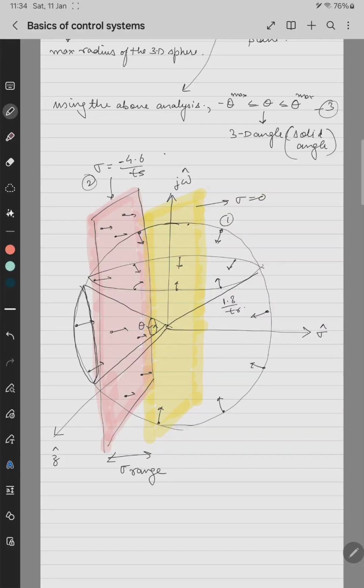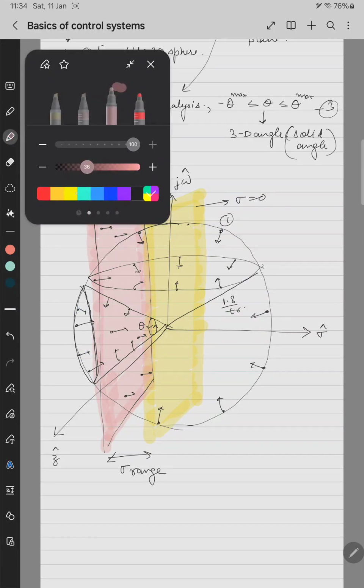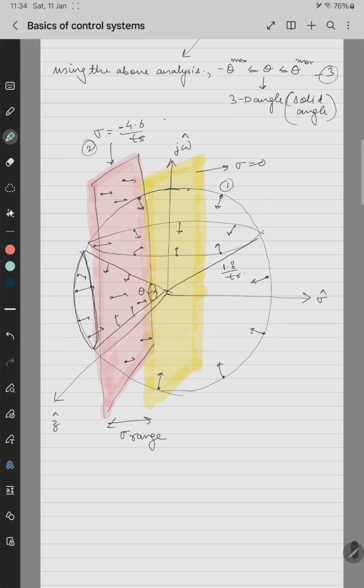This is the theta. It has to be inside it. Then what will be the overlapping area? This will be the overlapping area, between the planes, like this.